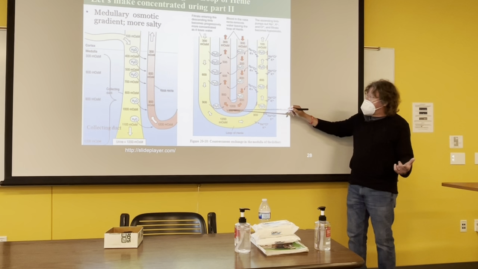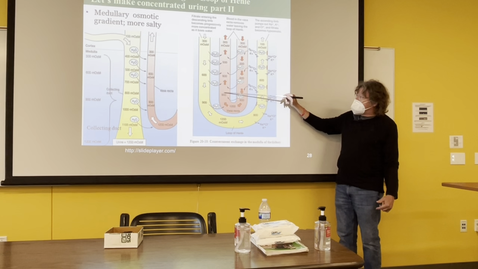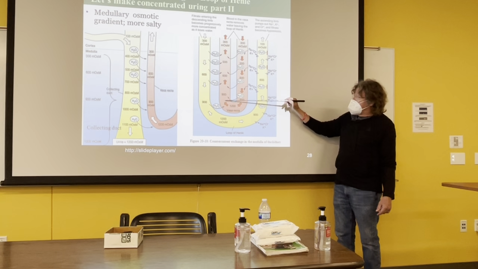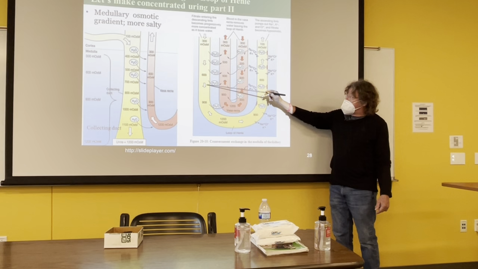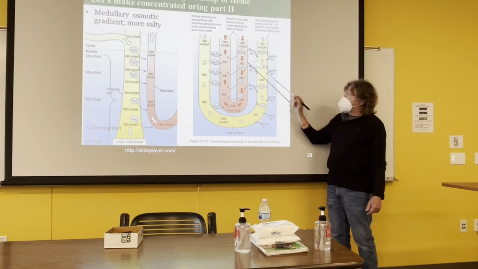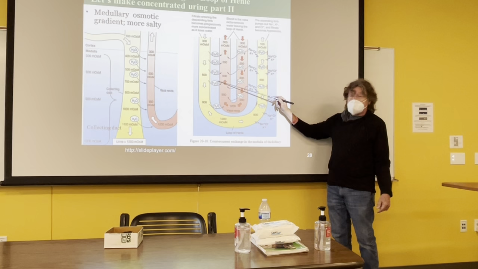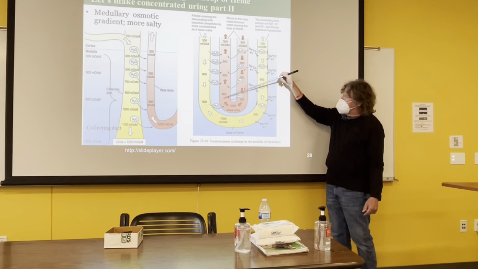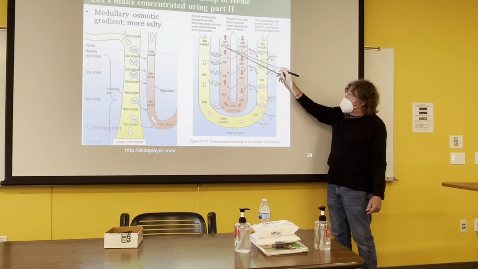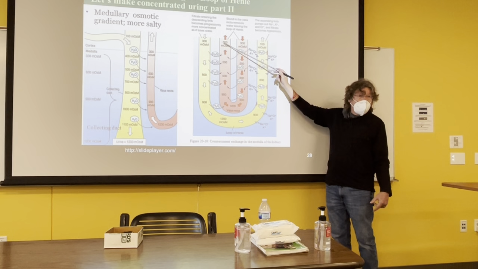When we turn the other corner here, it's now countercurrent to the descending loop of Henle. And this is permeable to water. So as we're going up here, water is coming from the descending loop of Henle into the blood as the blood is going countercurrent. So here's where we have countercurrent exchange. There's countercurrent exchange of salts and waters such that by the time our blood gets up here, it has been diluted by the water that's leaving the descending loop of Henle, and it is now isosmotic with the blood.